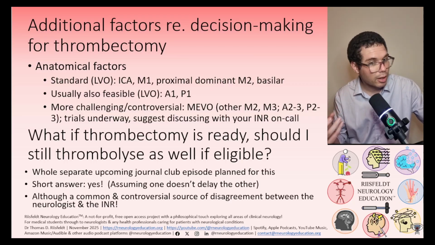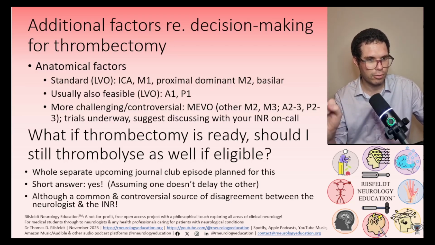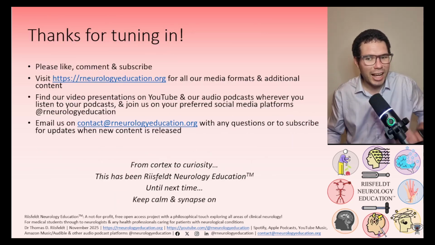I can understand where they're coming from, but in terms of patient-focused outcomes, the studies do demonstrate that they do better if you thrombolyze first and then do the thrombectomy, provided that the thrombolysis doesn't delay, or at least doesn't significantly delay, the thrombectomy.